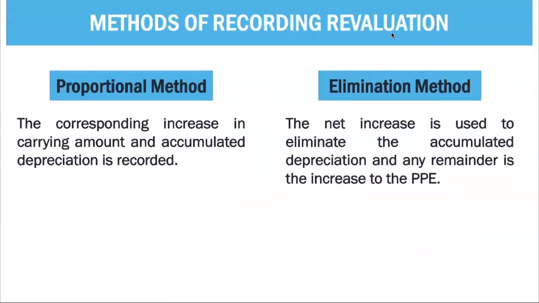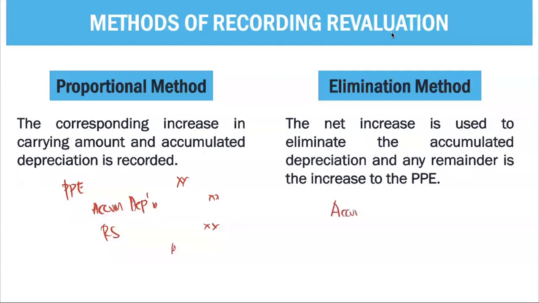Now, how do we record your revaluation? We have two methods. There is a proportional method wherein the increase in your carrying amount and accumulated depreciation is recorded. Generally, your entry here is debit PPE, credit accumulated depreciation, and we have revaluation surplus. Okay? That is under the proportional method. However, in your elimination method, the net increase is used to eliminate the accumulated depreciation.